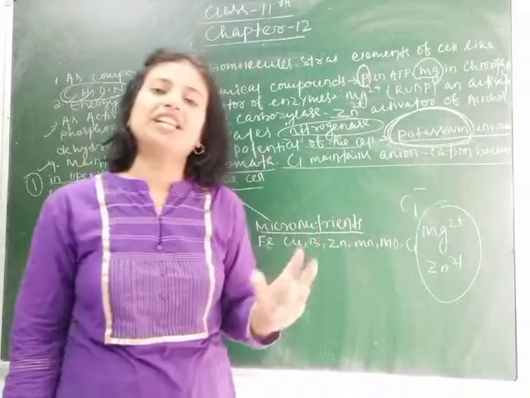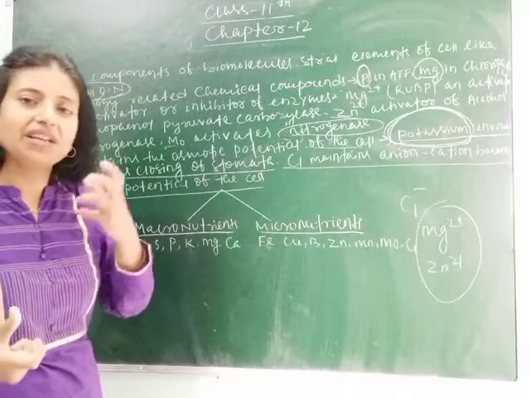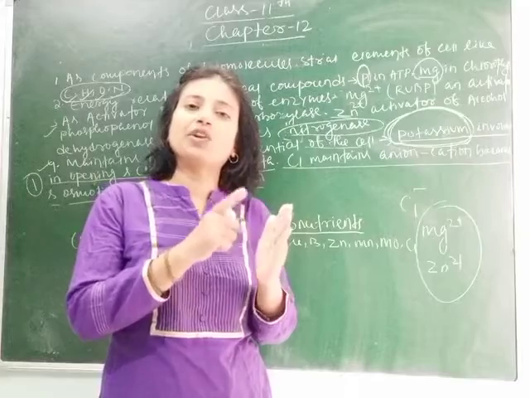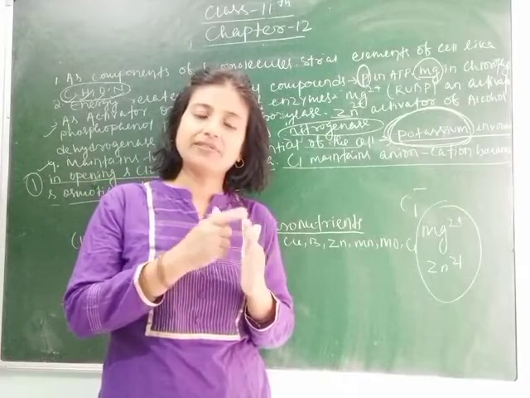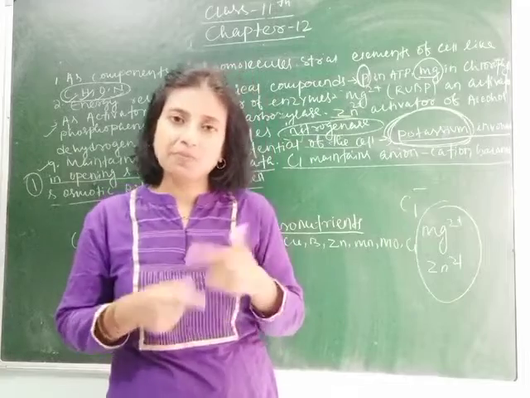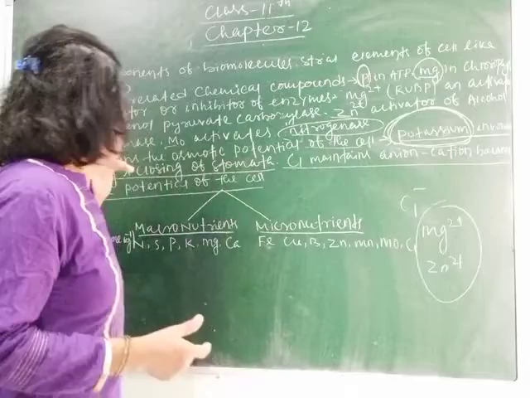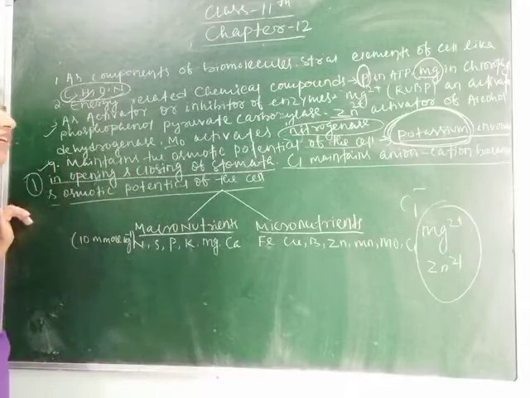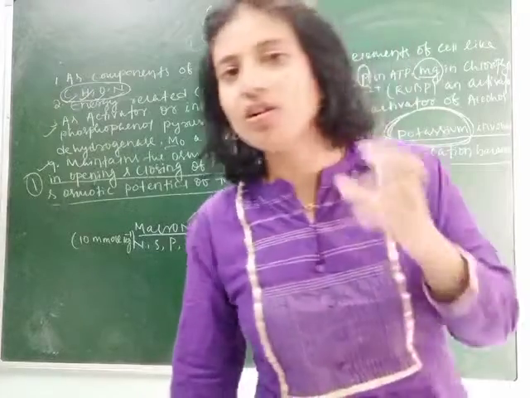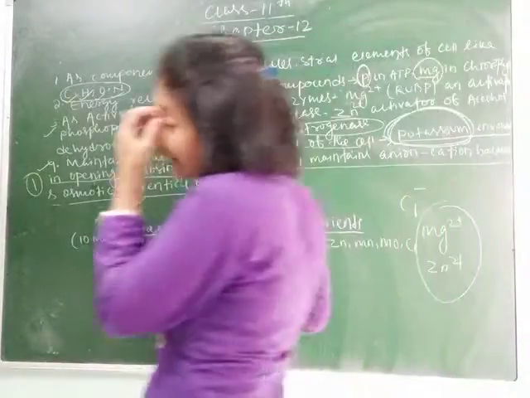Due to osmotic potential, the cell is able to take minerals inside it. If the mineral is less in the cell, it creates an osmotic potential; we will study that water potential is equal to solute potential plus pressure potential. So for maintaining the osmotic potential of the cell, chlorine plays an important role by balancing the anion and cation.